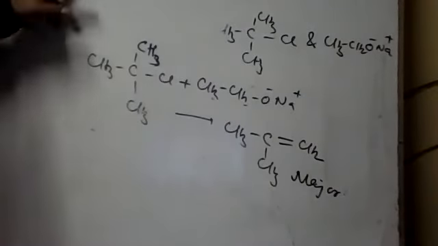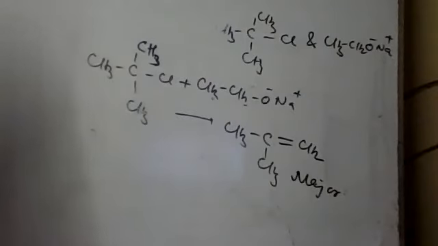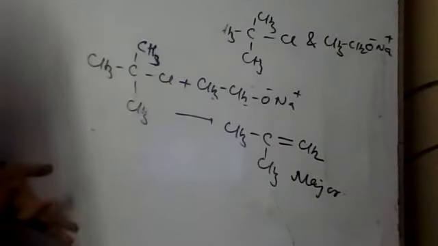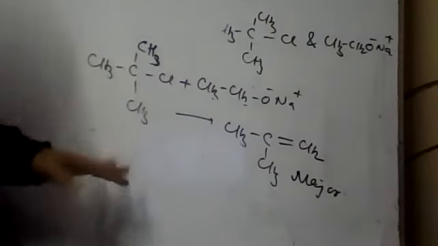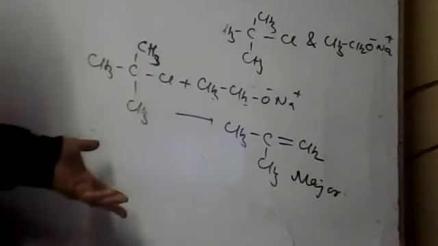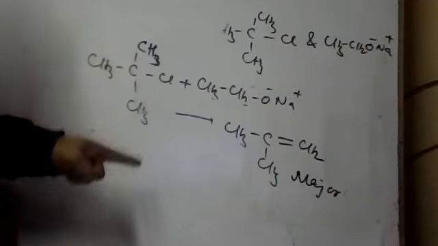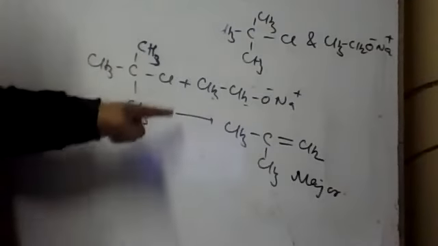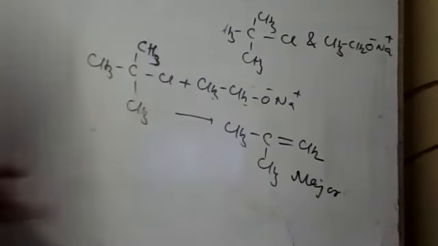Now sir, in the question it will be written Williamson. To prepare this, which haloalkane and which alkoxide, that means Williamson synthesis, or which reagent is used in Williamson synthesis, a direct question, or which haloalkane and which alkoxides are used, that is Williamson synthesis.